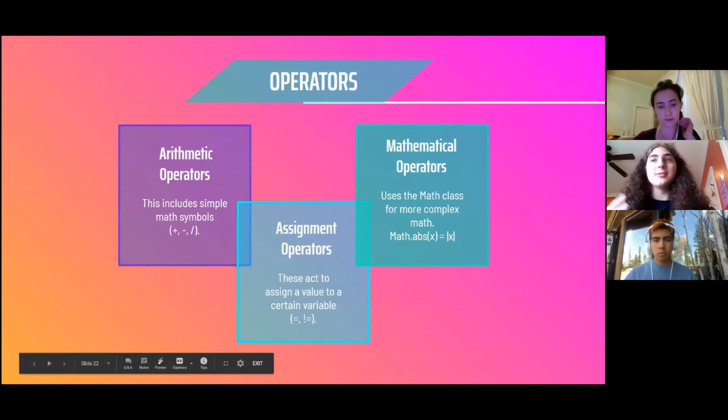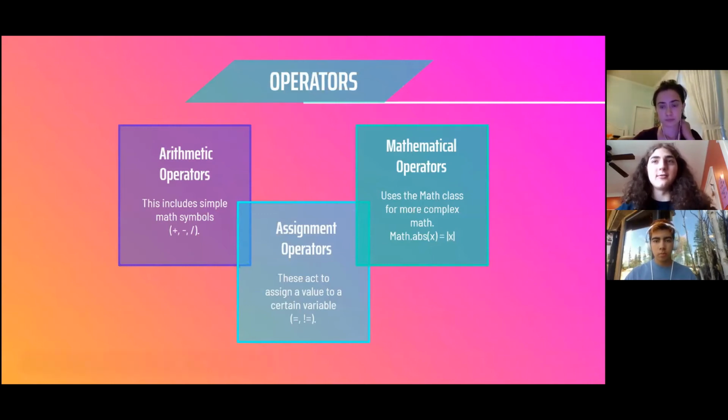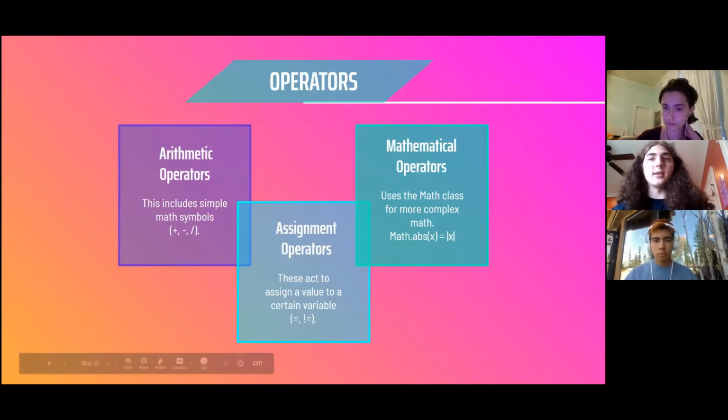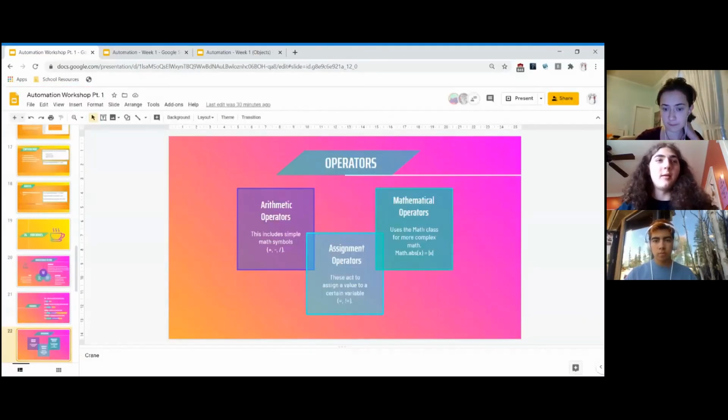We use these a lot in robotics because there are a lot of more complex math operations that we need to do. So there is a math class that has a lot of these operations in it. We can go into a little more detail about these operators. Next slide.